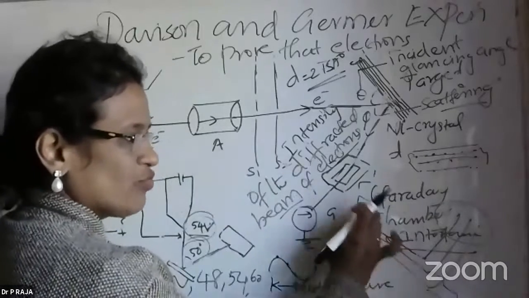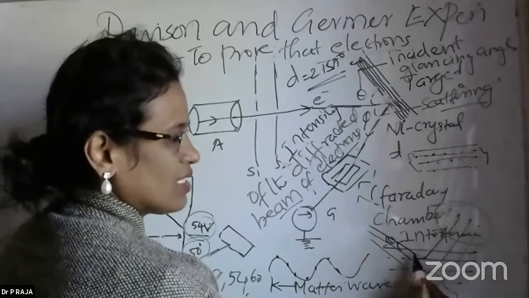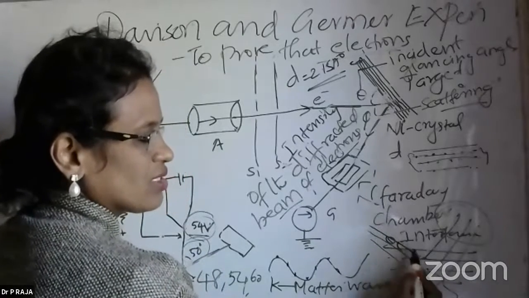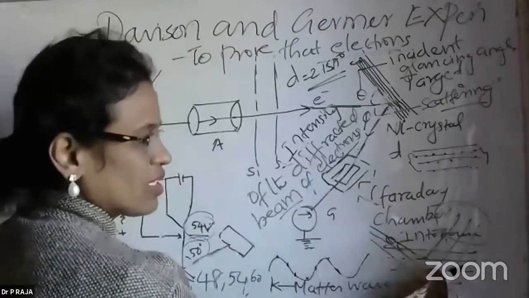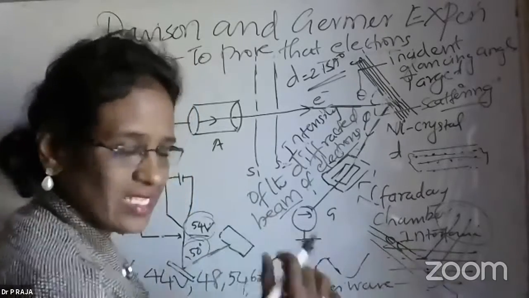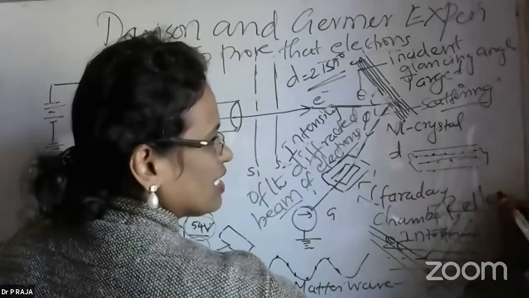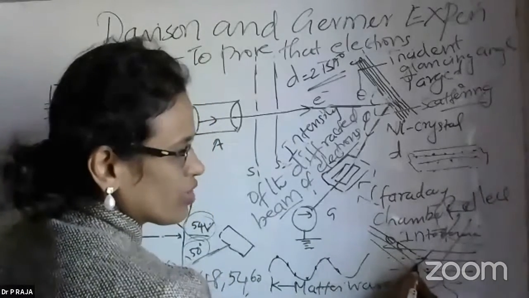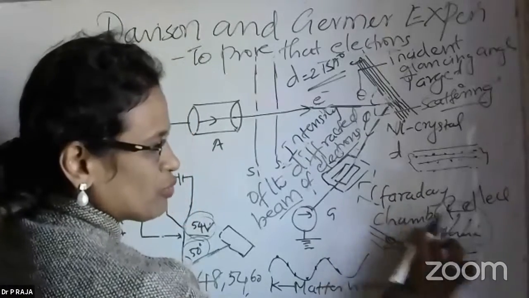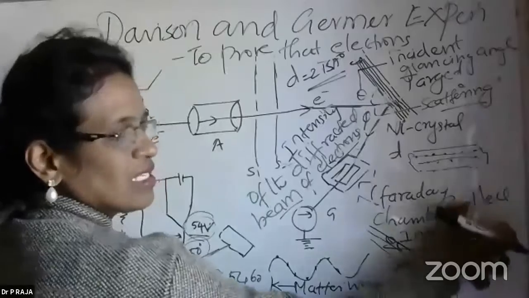But those waves which hit the target material and fall on a particular atomic plane, and get hit by those atoms, get reflected. So these are reflected waves.